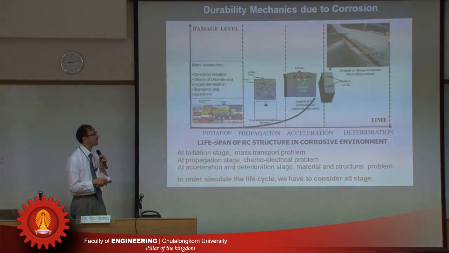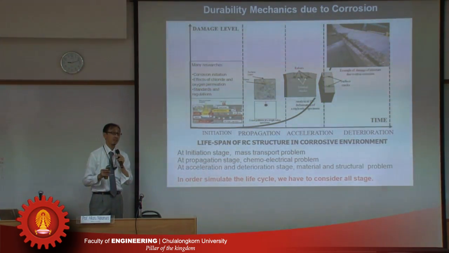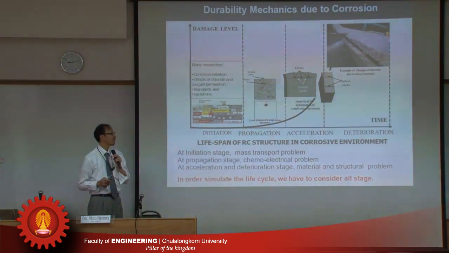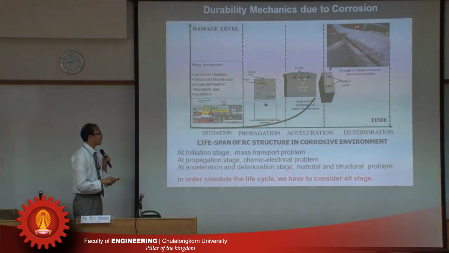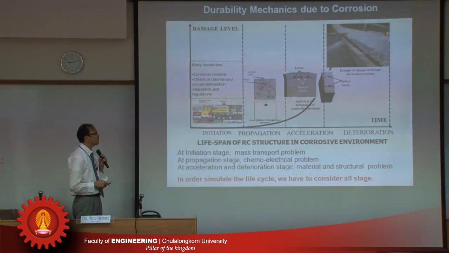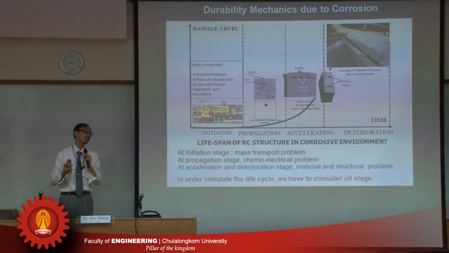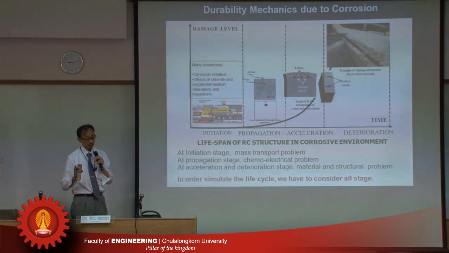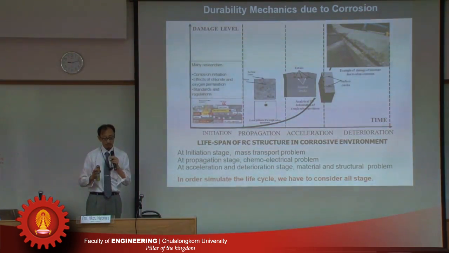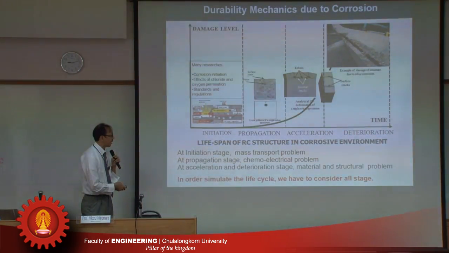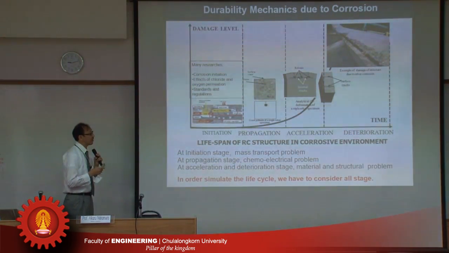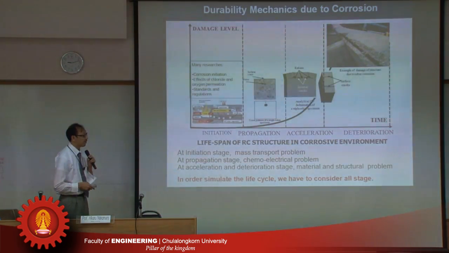Cracking occurs, and in the final deterioration process the performance of the structure is deteriorated. So in order to simulate the life cycle due to corrosion, you have to consider all stages. But at this stage I cannot consider it, though I hope in the near future I can. So today I show the result of several stages and a simple result.